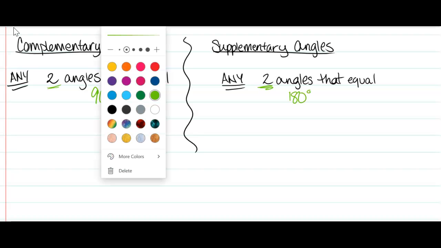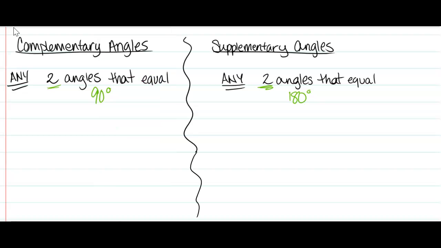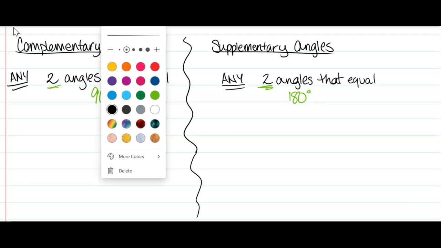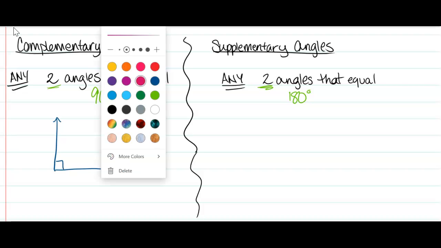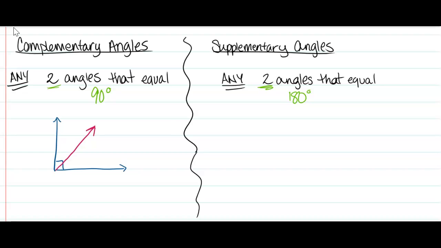So let's see what that looks like on a diagram. So for this one, we're going to first draw a 90-degree angle and create a common side.